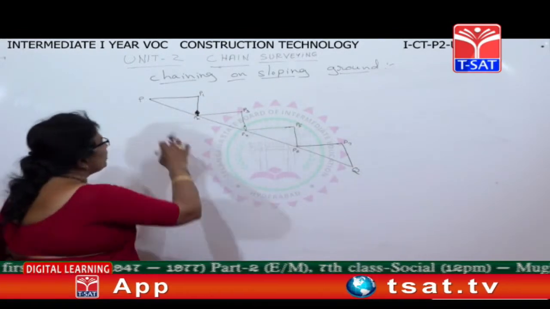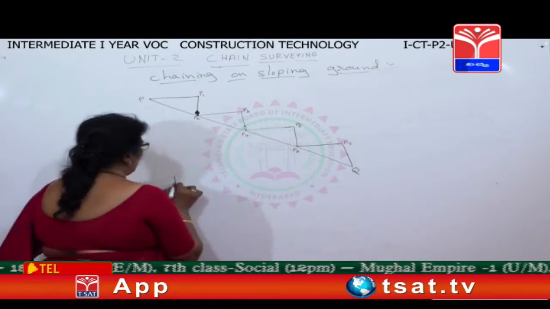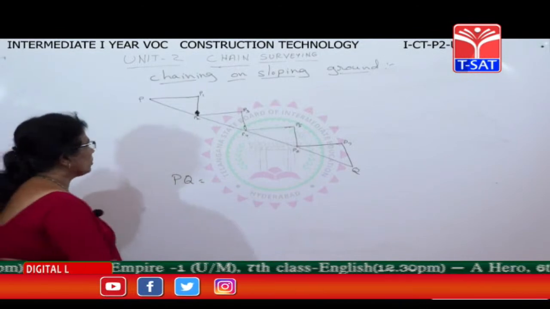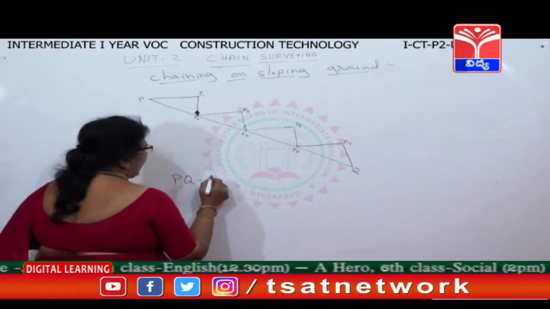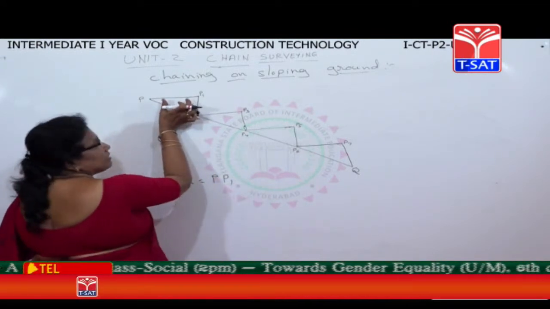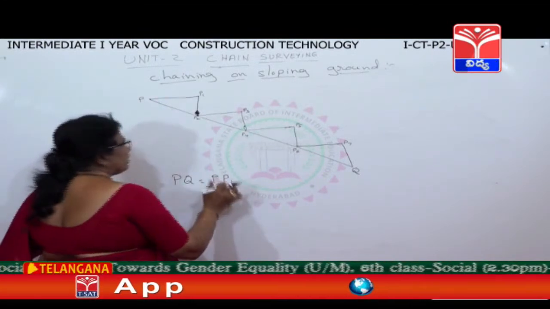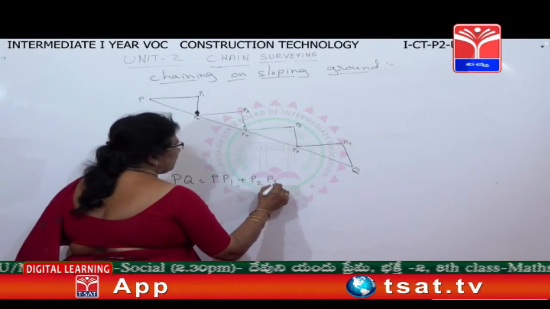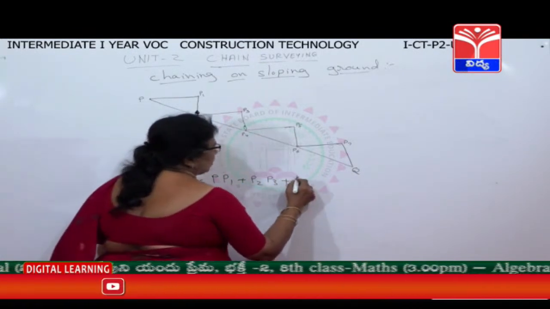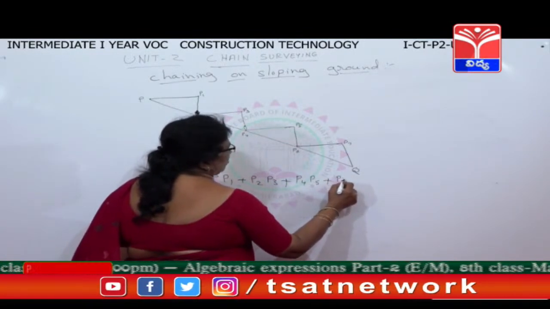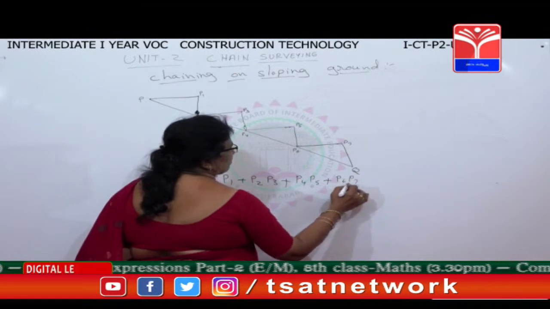Now, you need to calculate this distance, the distance from P to Q. You have to add P to P1, whatever distances you are getting, then P2 to P3, plus P4 to P5, plus P6 to P7.